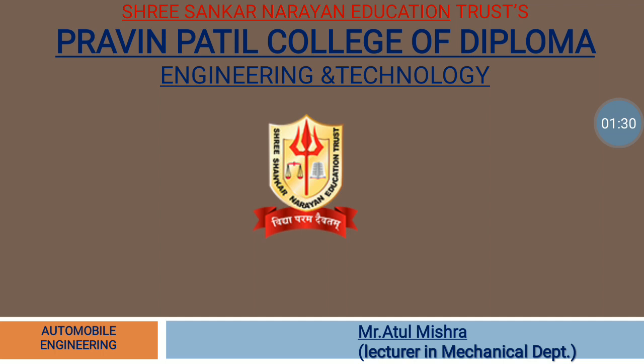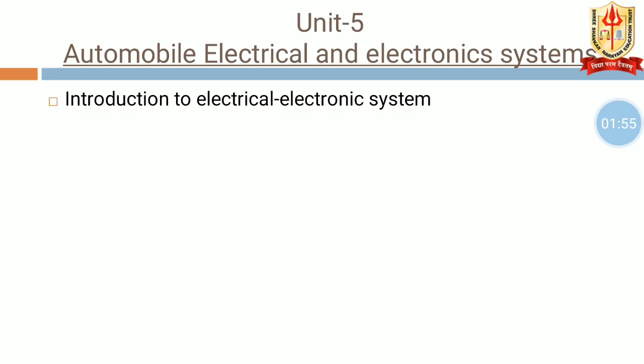So the electrical system is also a very important part of the automobile system, because we are moving from the IC engine to the electrical system. Nowadays electric cars and hybrid cars are also there, so the study of the electrical system is very important for an automobile engineer.